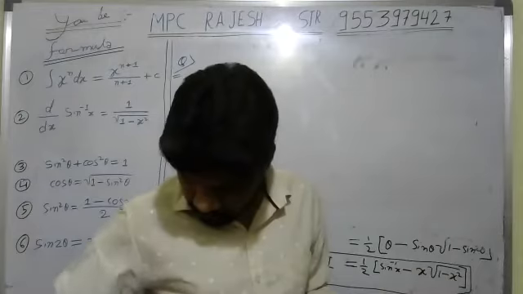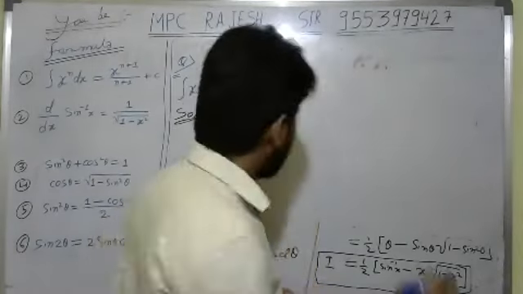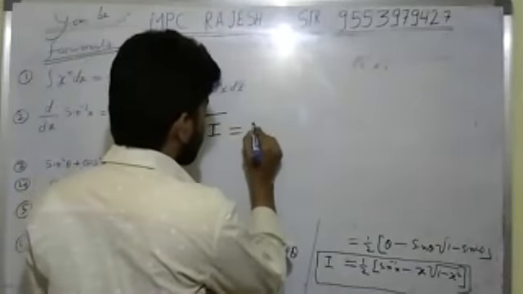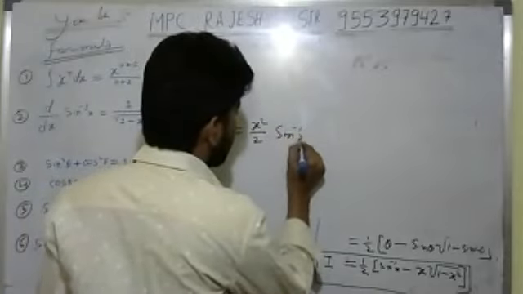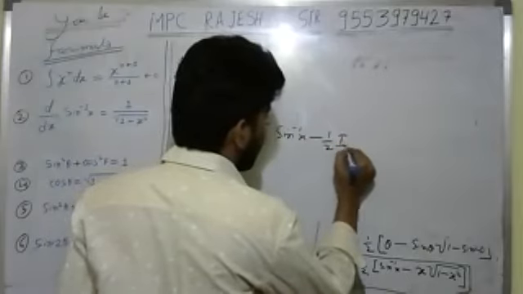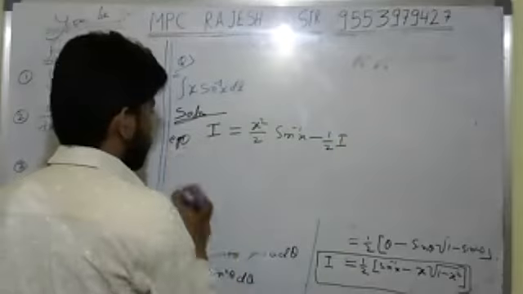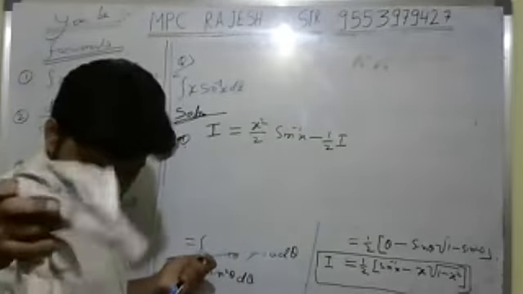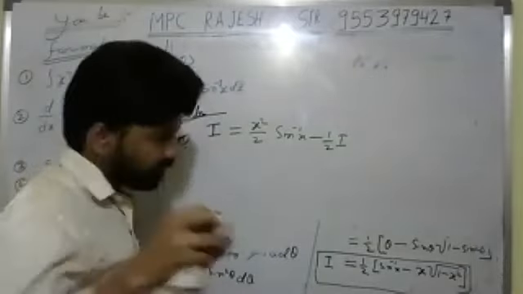Equation number 1: x square by 2 sine inverse x minus 1 by 2 I. This is your equation number 1. I think it is correct. Yes, 1 by 2 sine inverse is correct.